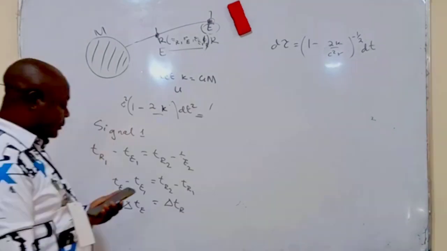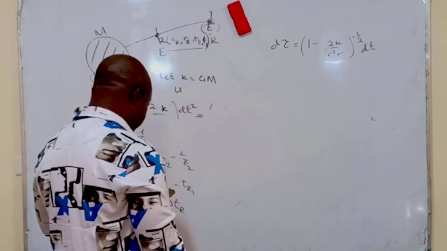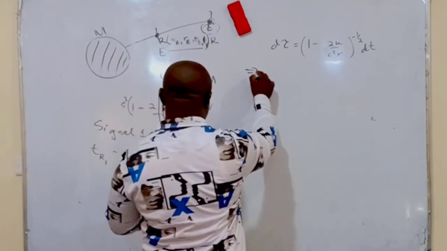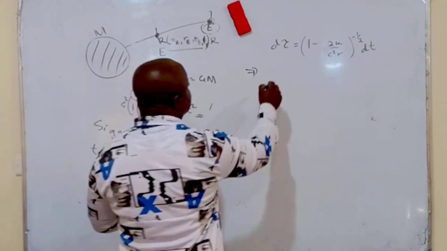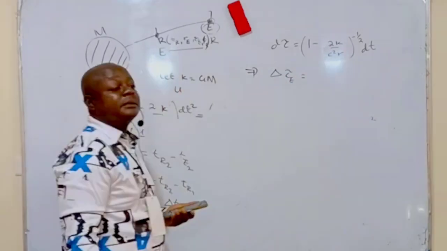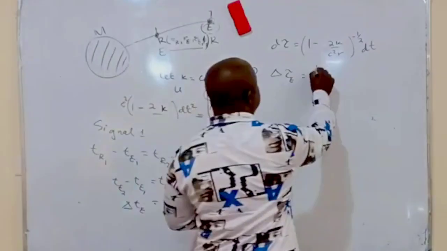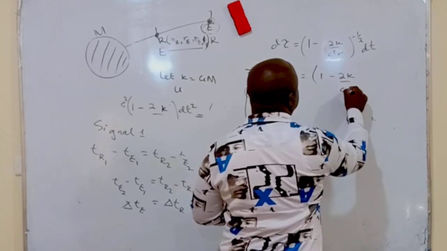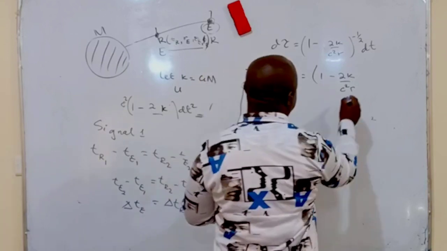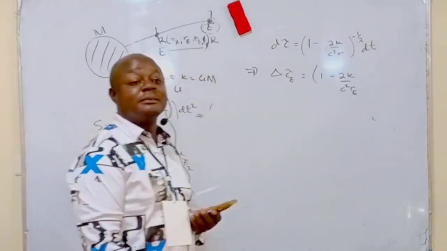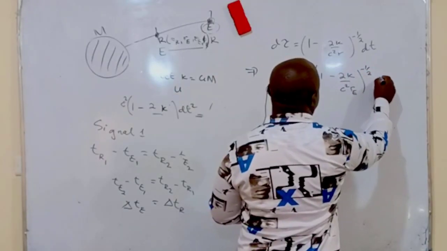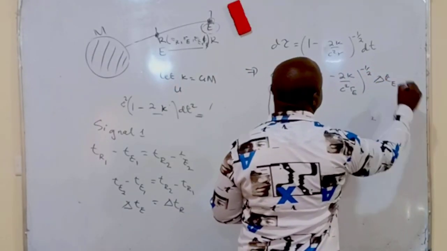So if I now write my delta tau emission to be the same as 1 minus 2k over c squared r, so this r will be r emission, to the power minus a half delta t dot.